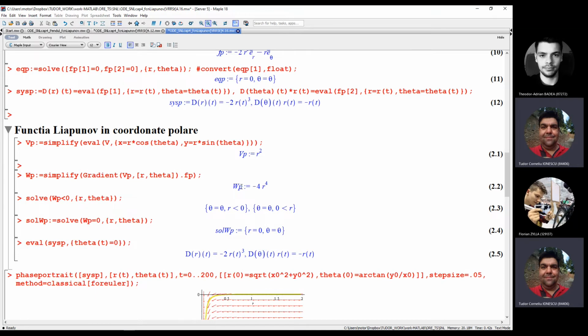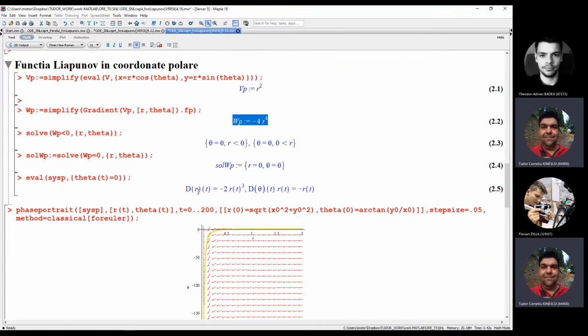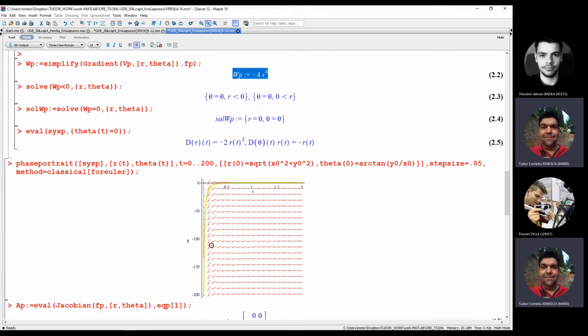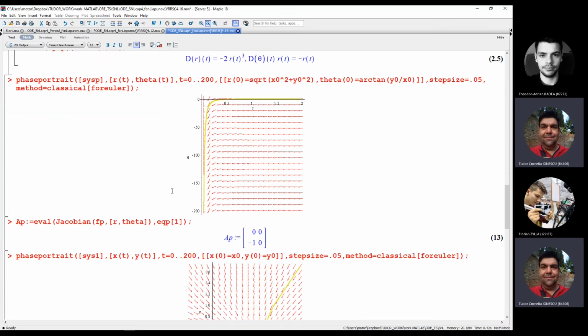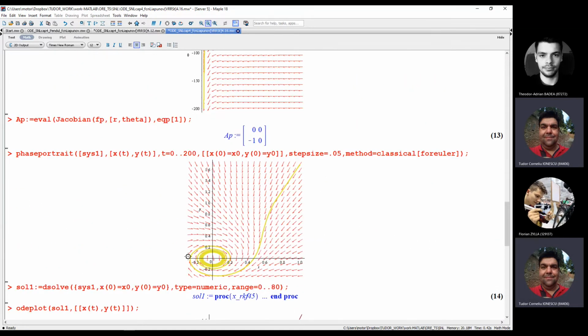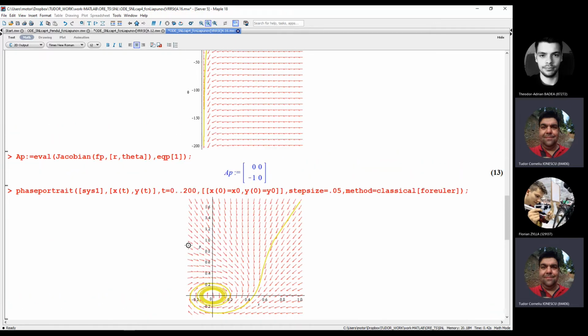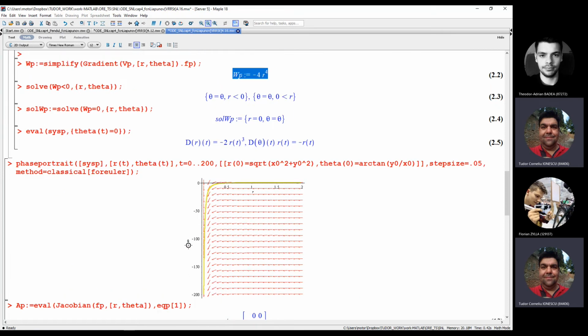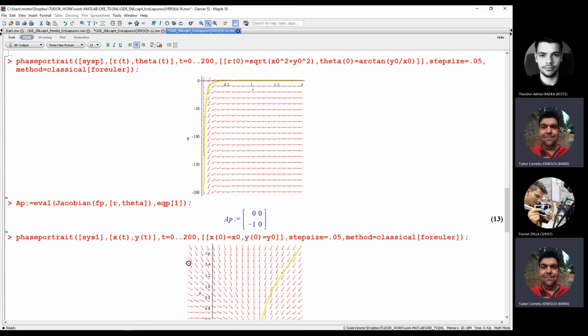In polar coordinates, it's even easier to check. Here you can use LaSalle principle because this is semi-negative definite. And here R in 0 is an attractor, if you can check. Since R exists and is an attractor, you have a small limit cycle behavior around the origin.